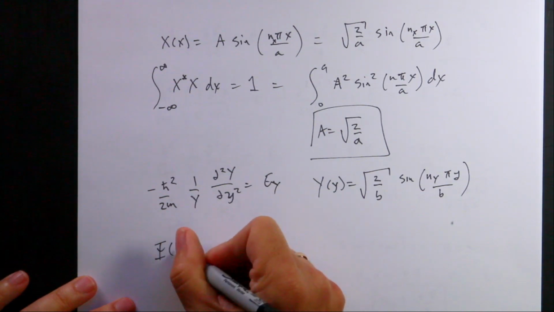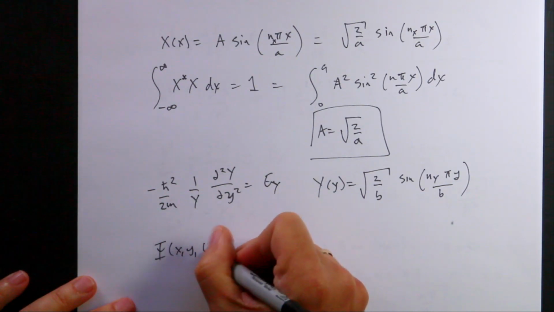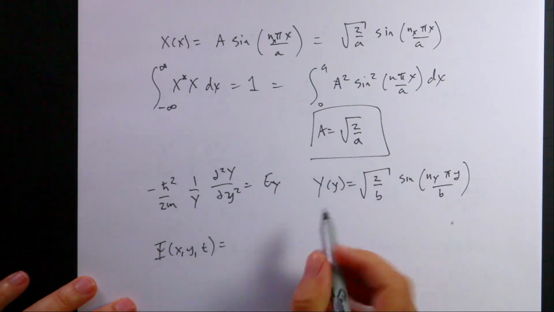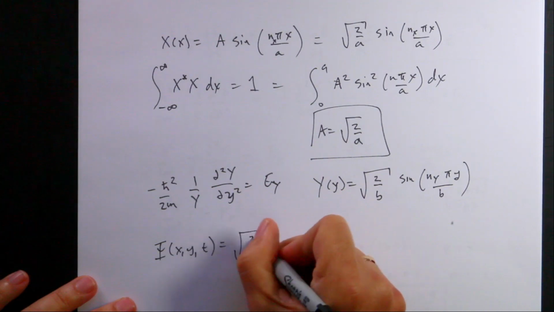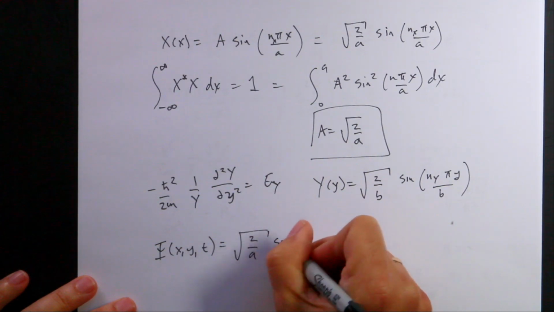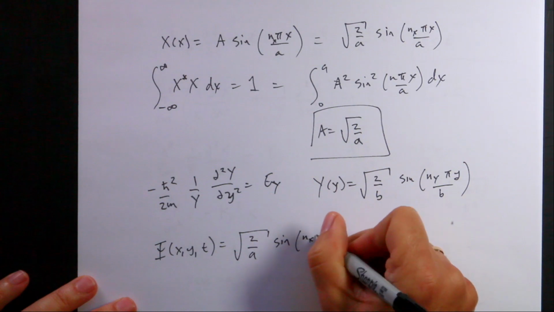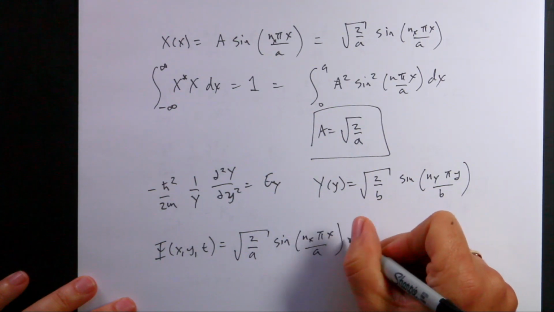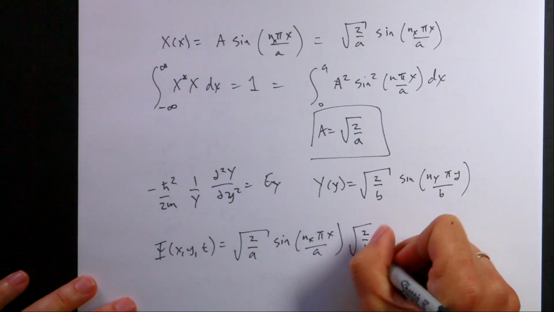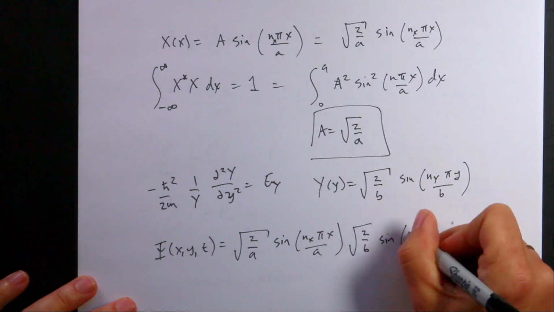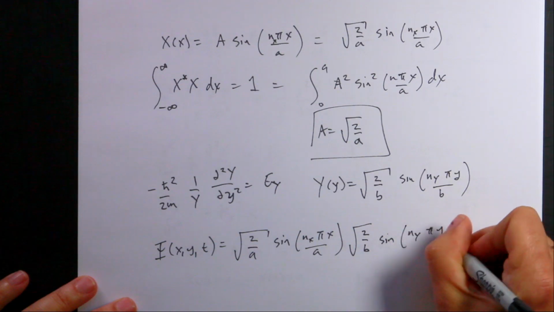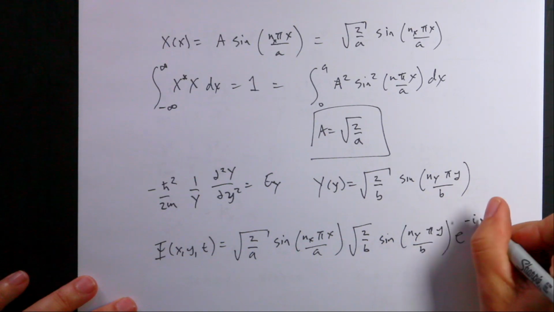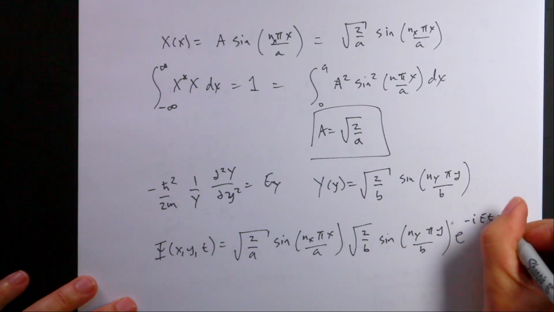Psi as a function of x, y, and t is going to be equal to, remember, X times Y times F. So my X is going to be the square root of 2 over a sine n_x pi x over a, and then I have times the square root of 2 over b sine n_y pi y over b, and then I get e to the negative i E t over h bar.